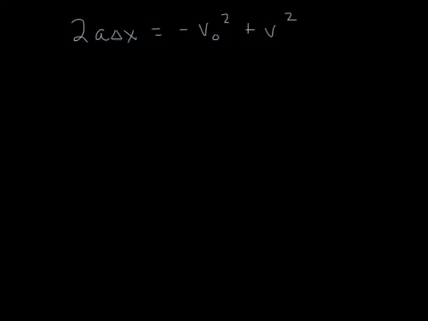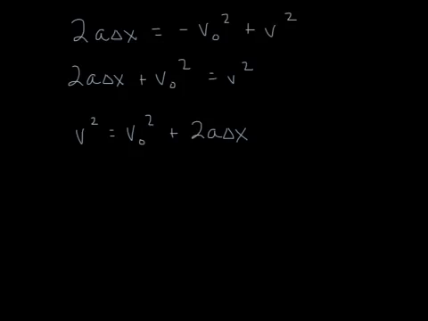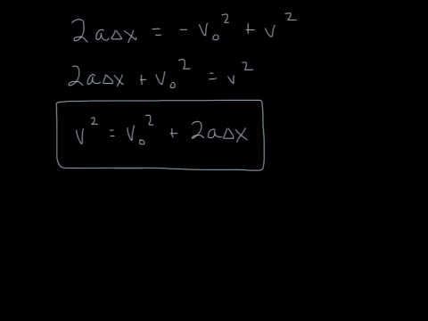Add the v naught squared to the other side, and I get 2a delta x plus v naught squared equals v squared. And the final version of the equation that most people use is then that v squared equals v naught squared plus 2a delta x. And most people just leave it in that form and then rearrange it to solve for whatever they're solving for.